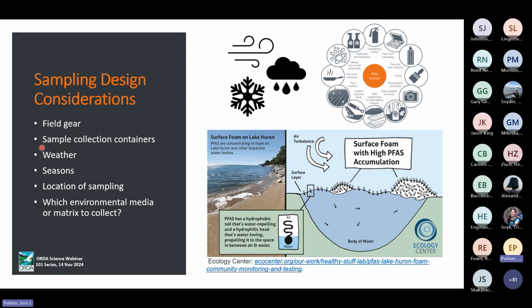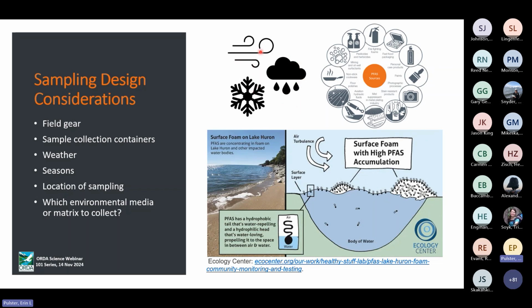The other things to consider when sampling are the weather and the seasons. Weather meaning, again, precipitation can be a source of PFAS. So do you go before or after a rain event or a snow event?